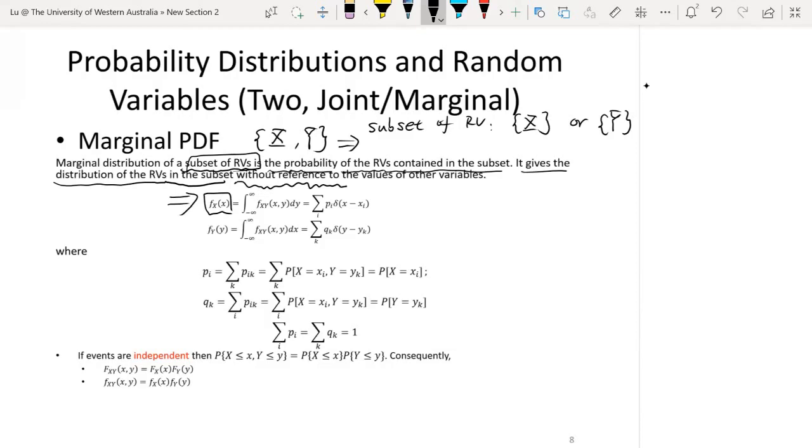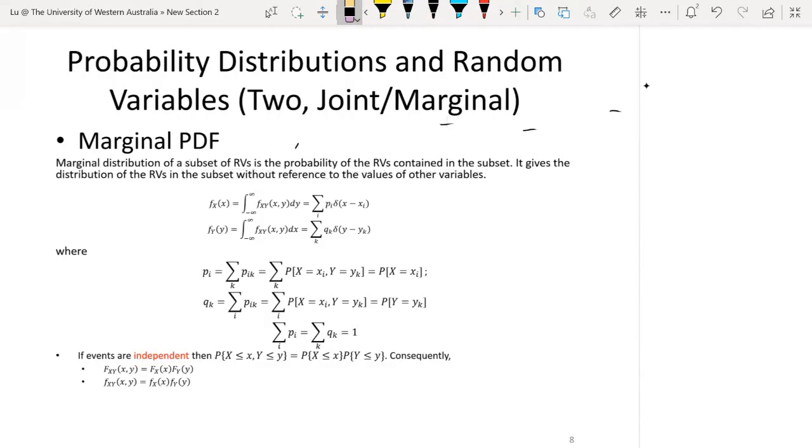So this is called the marginal distribution of X without referencing the value of Y. You can see in this evaluation, we don't have the term Y because we are not referencing it. Okay, so this is the idea of the marginal PDF of the two random variables case.